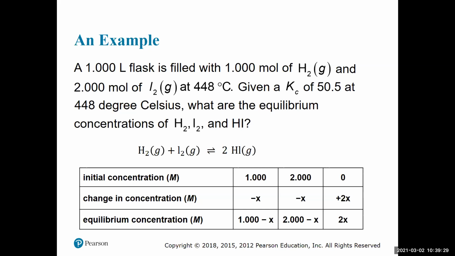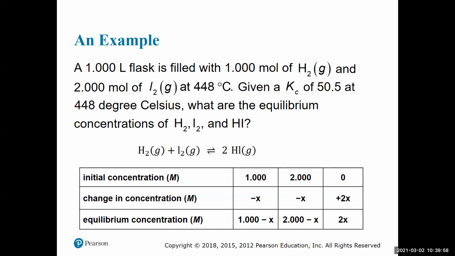And we see that we started with 1 mole of H2, 2 moles of I2. It's a total of 1 liter. So 1 divided by 1 is 1, 2 divided by 1 is 2. And so for molarity, H2 initial molarity is 1, I2 initial molarity is 2, and then of course HI is 0 because we haven't started our reaction yet.